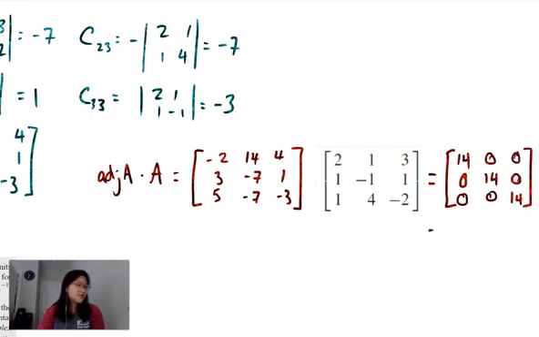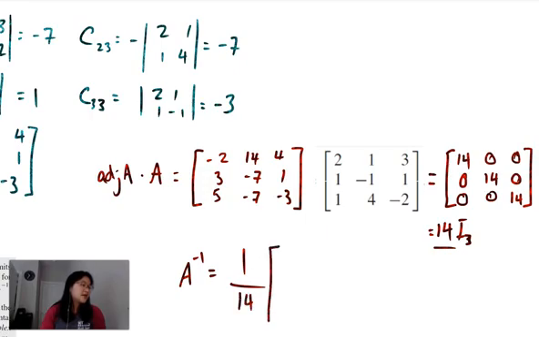So this ends up with 14 times our 3 by 3 identity matrix. And so confirmed, nice, we got our correct adjugate, and we also have our determinant, which is 14. So our inverse is 1 over 14 times, what do we have?